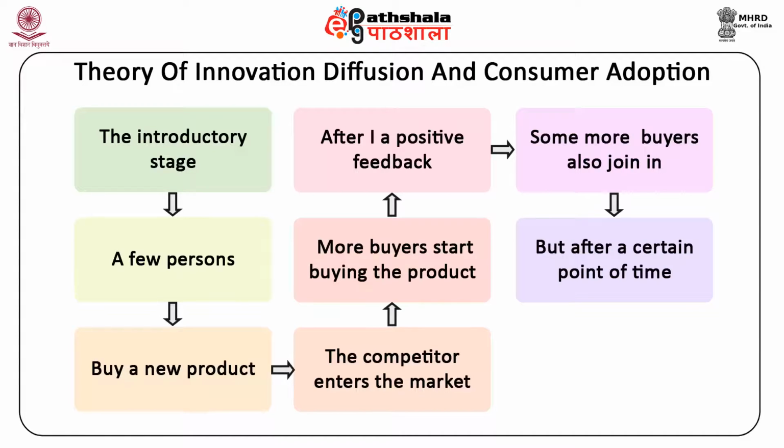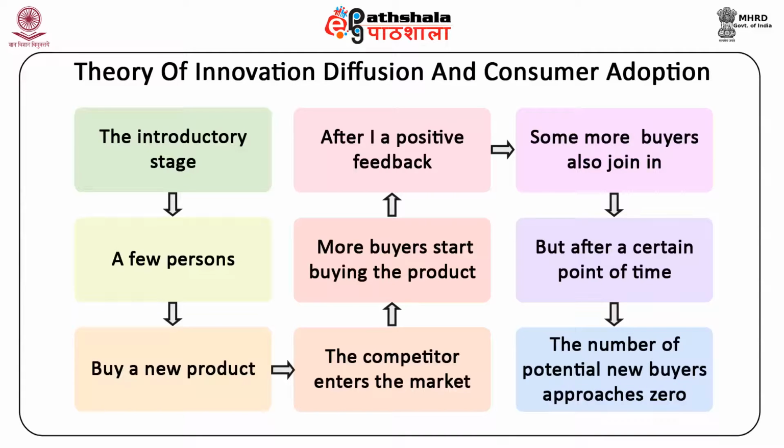But after a certain point of time, generally at the maturity stage, the number of potential new buyers approaches zero, as all those who were interested in buying the product are already buying. Sales become stagnant and only few join the customer base.